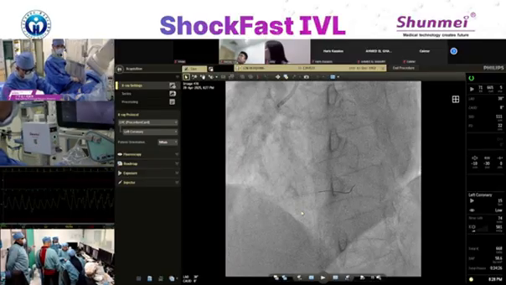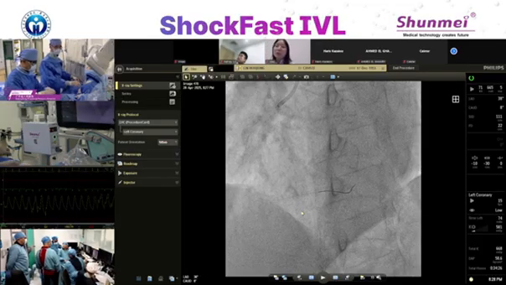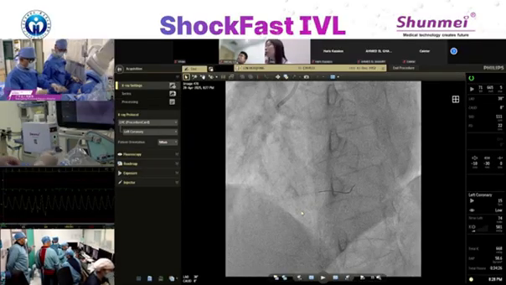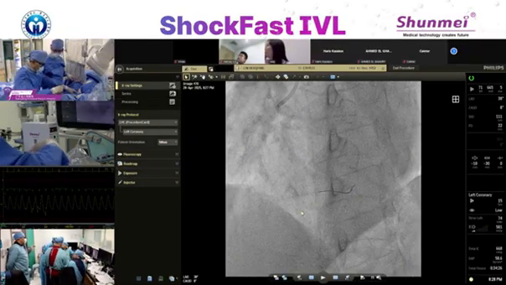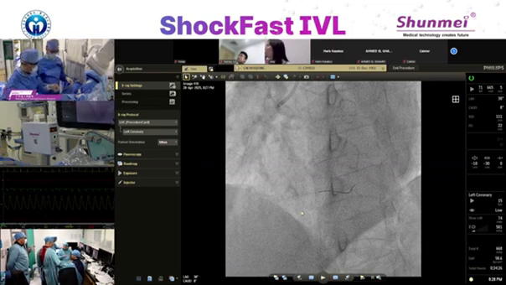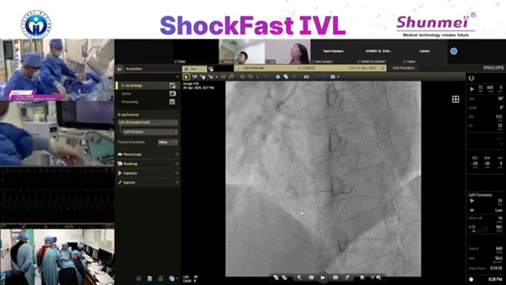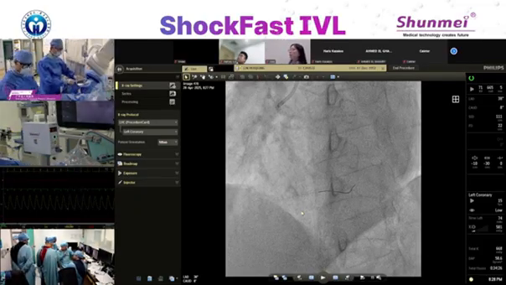The minimal stent area for the distal one is 4.5. I'll try my best to hit it.